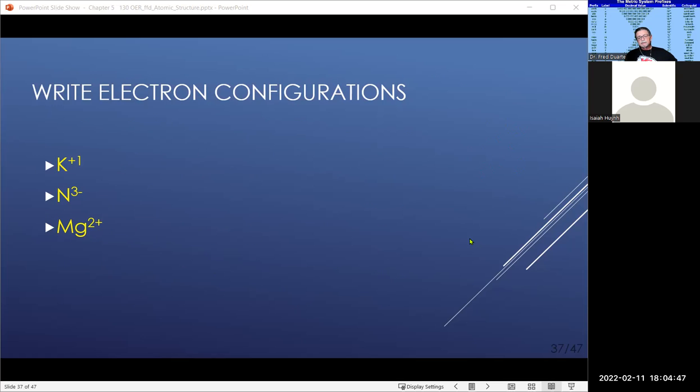A lot of students see this and they don't read the question carefully, because if you look at the image you're talking about, you got potassium, and then it's a +1. So that is the ion. So you got to be careful that you're answering the question for the ion and not for the element itself. Okay. And so if you do the electron configuration, you should get 1s2, 2s2, 2p6, 3s2, 3p6.